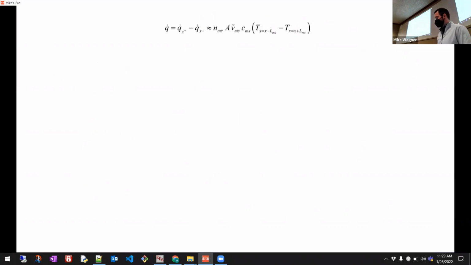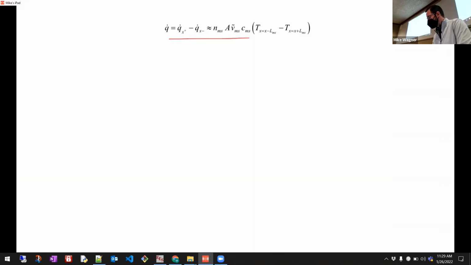All right, so moving on. What's up here at the top is what we just derived, hopefully. It's a little small. So how do we make this equation look a little bit more like Fourier's law? Well, first thing we can do is try to get rid of that area, since there's no area in Fourier's law as we wrote it.